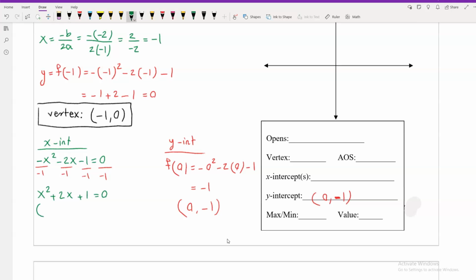Factor, we have x plus 1 times x plus 1 equal to 0. Solving for x, so x plus 1 equal to 0. X is negative 1. And again, x plus 1 equal to 0. Solving for x, x is negative 1. So what we have for the x-intercept, x is negative 1 and y is 0. So here the x-intercept is negative 1, 0.